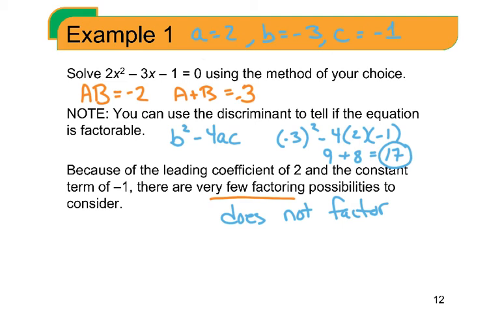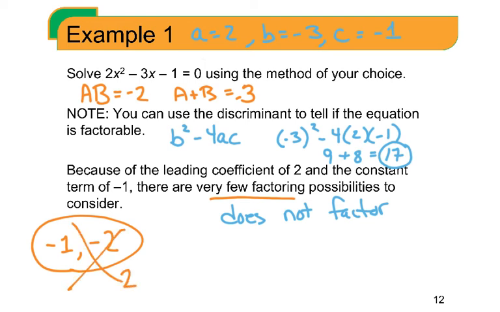What could we do? We could have -1 and -2, and that's tempting, right? You might think it factors, but what's wrong with using those numbers? When you multiply them together, that equals +2. So that doesn't work. So the discriminant told me it doesn't factor.